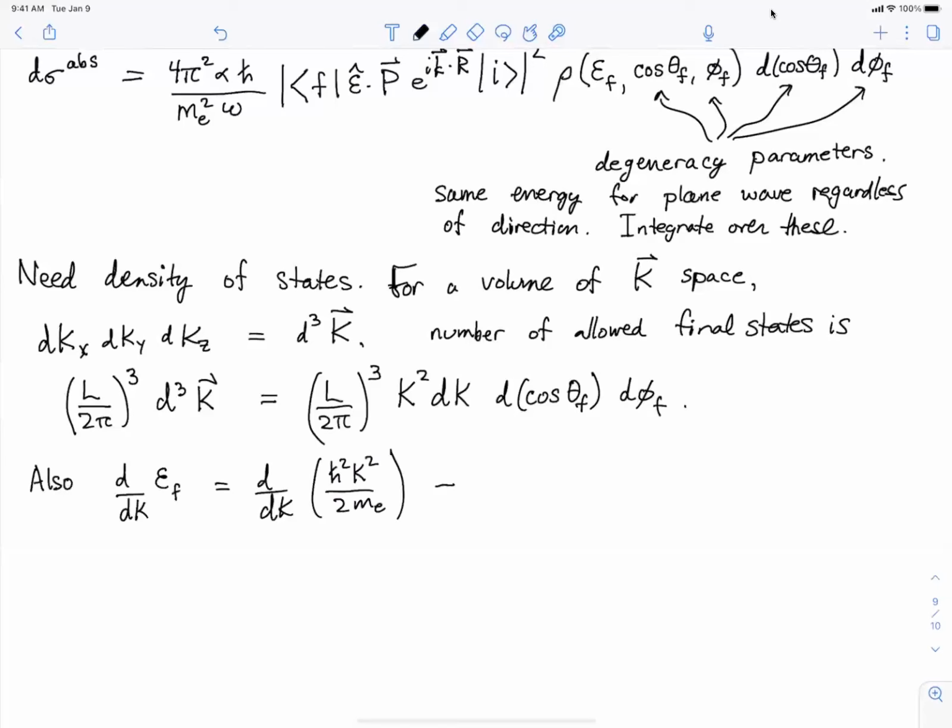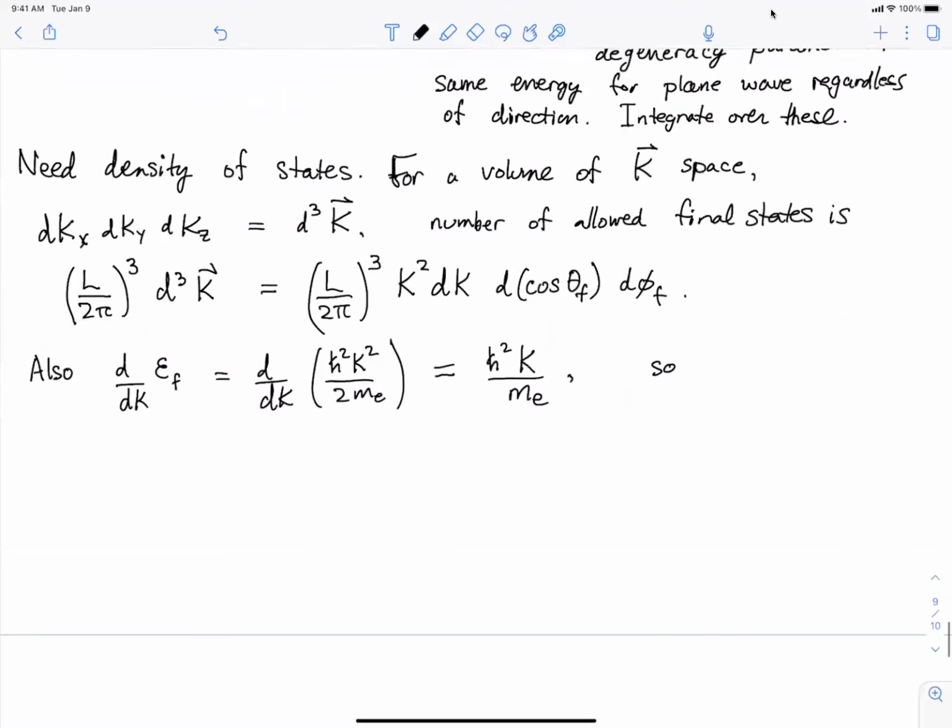And so this is equal to h bar squared capital K over m sub e. And so what that means is that capital K squared differential with respect to K is equal to m_e K over h bar squared differential with respect to energy.